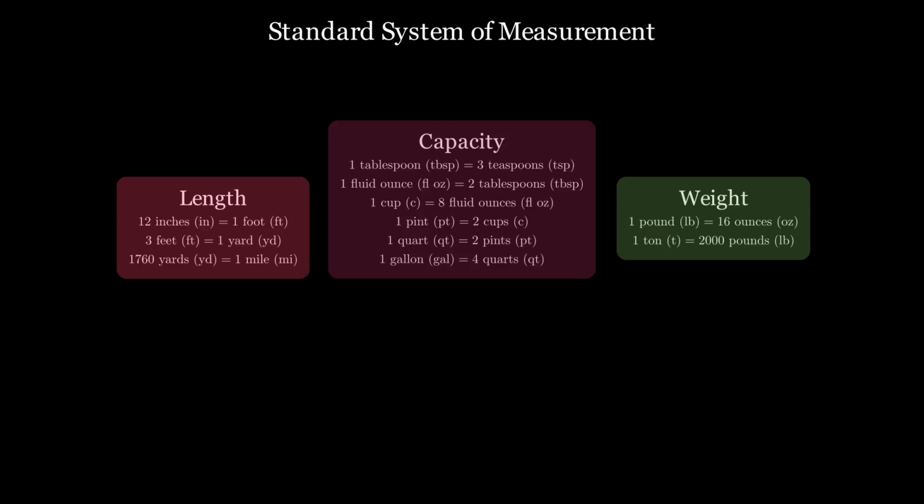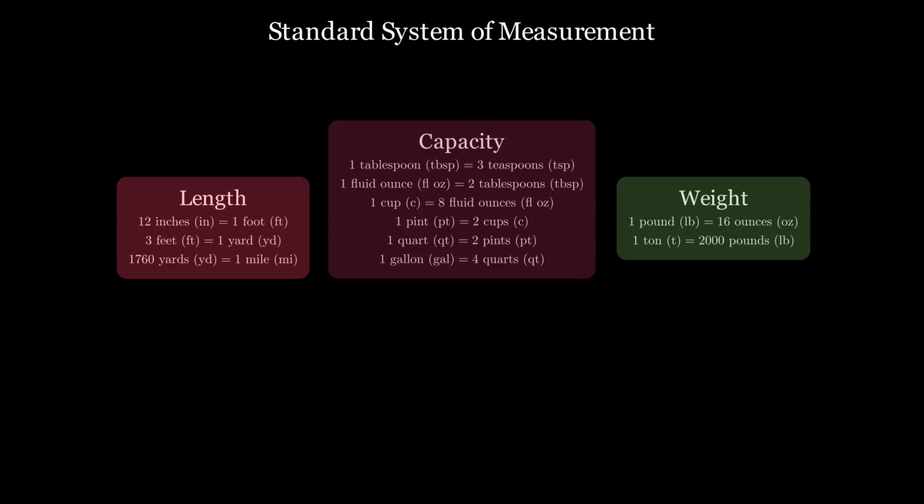In the capacity category, we measure how much a container can hold, like liters and milliliters. For length, we measure how tall an object is, using units like meters and centimeters. And for weight, we measure how heavy something is, using grams and kilograms.